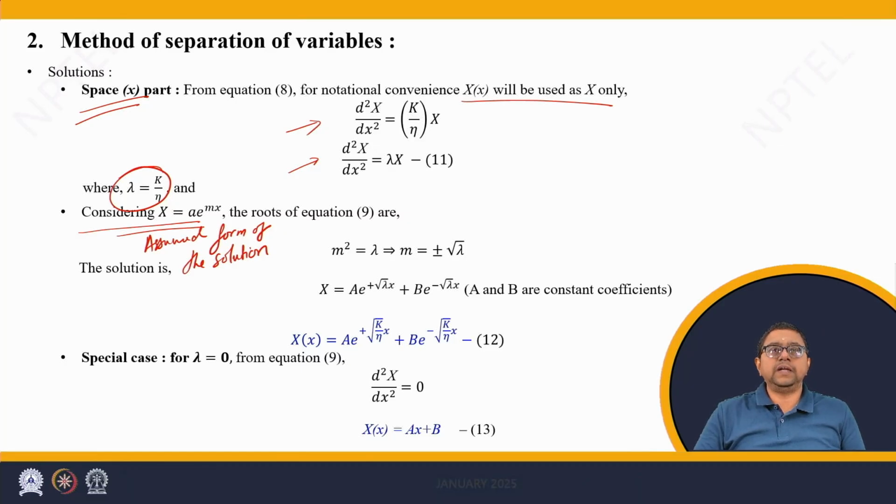Now, capital X equals A e to the power mx means that the solution X, which depends upon the space coordinate x, behaves as an amplitude A multiplied by an exponential function e. Now, the exponential function has an exponent mx. Here m is the coefficient of x, which decides the rate of increase or decrease of the value of the function X with space.